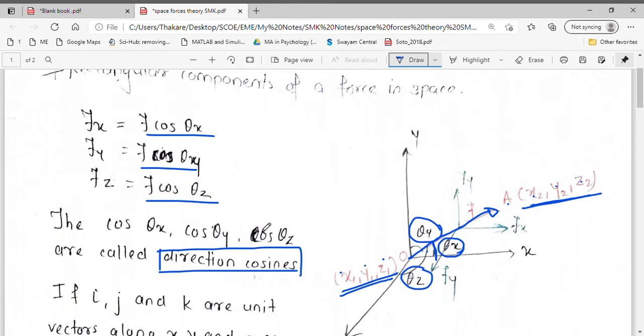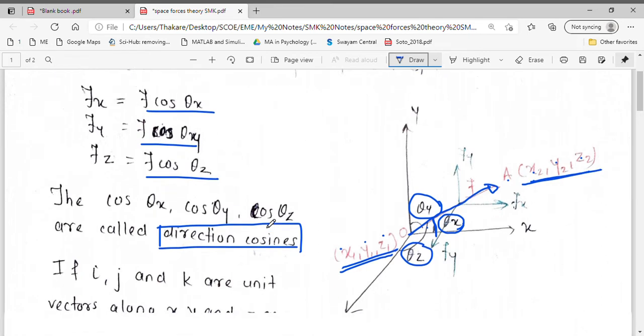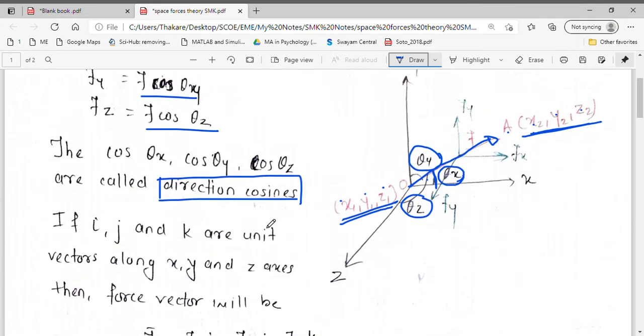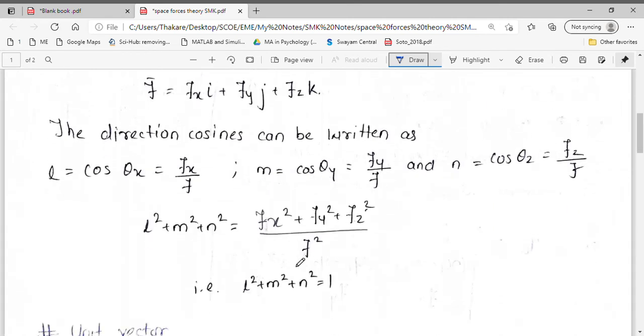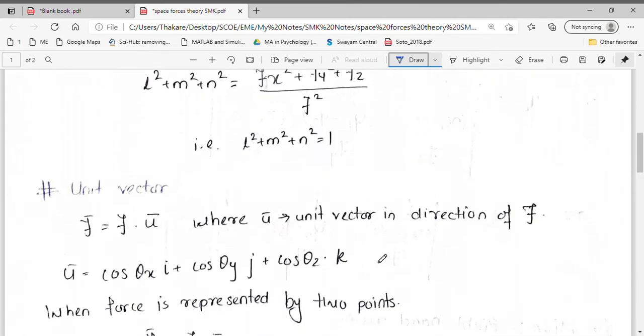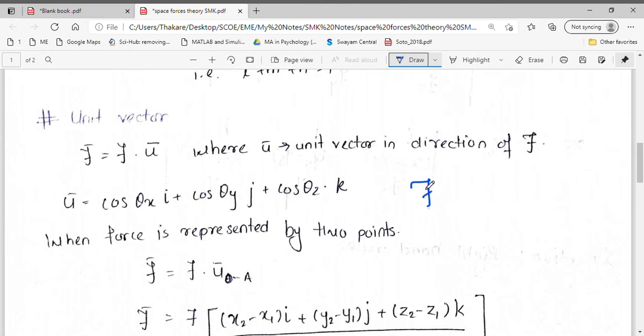Now there is another way to determine its components. Now that you know x2 y2 z2 and x1 y1 z1 and the force is acting from point O to point A, to write its vector form, F will be equal to Fx i plus Fy j plus Fz k. To write a force in its vector form, you can write it as magnitude into its unit vector.